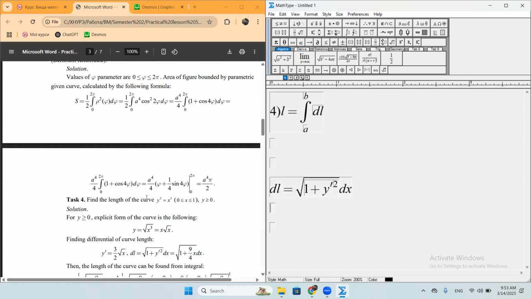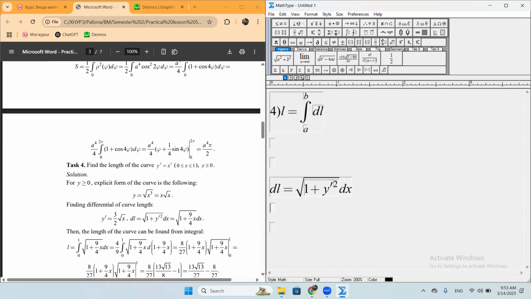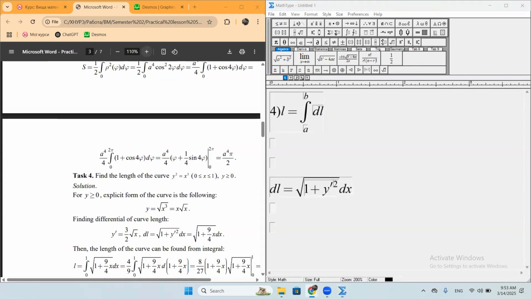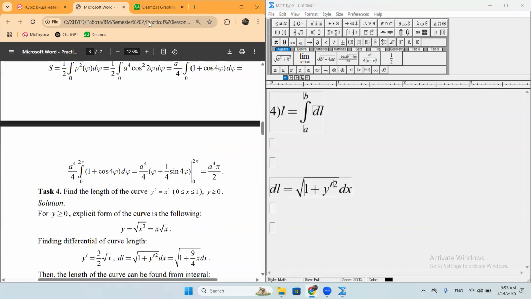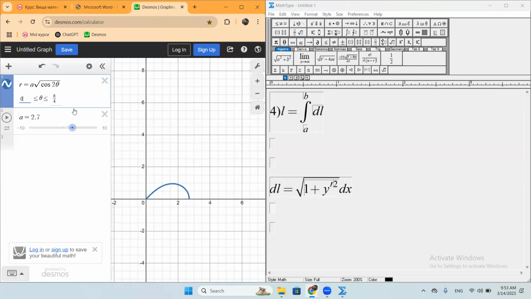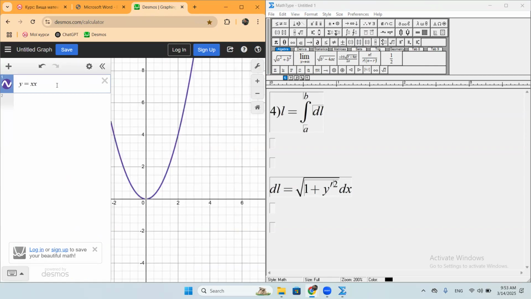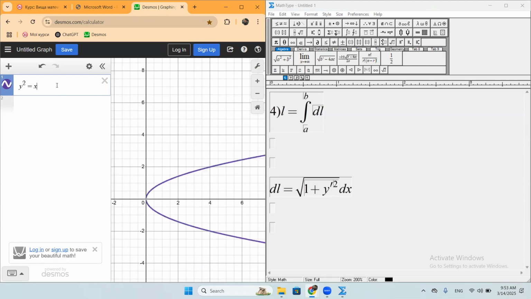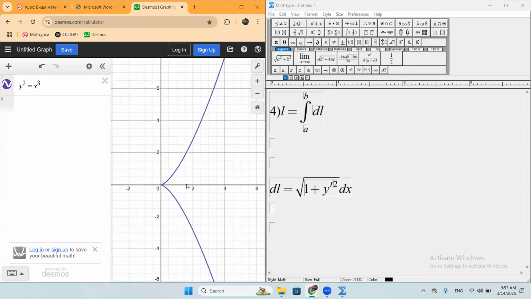In our case, let's first of all give this function explicitly, because we have y squared equals x cubed. First of all, let's plot it, just to understand. We have the following form of curve.